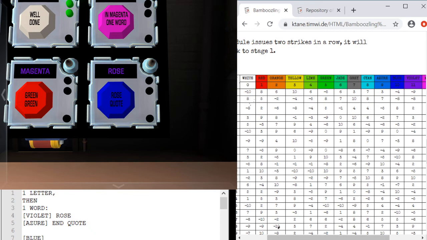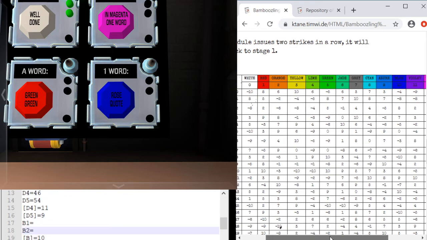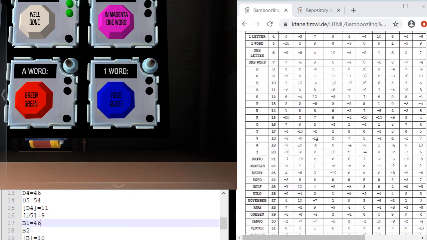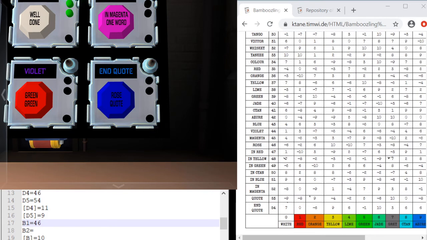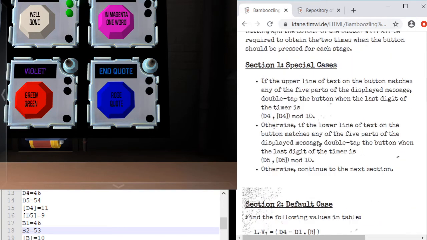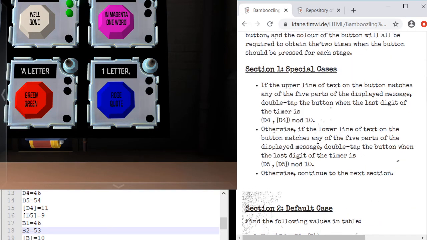We've got rose. Text rose is 46. Okay. And quote is 53. Now for the special cases, in this case, the upper line of text matches one of the 5 parts of the displayed message, so we double tap the button when the last digit of the timer is D4, 46.